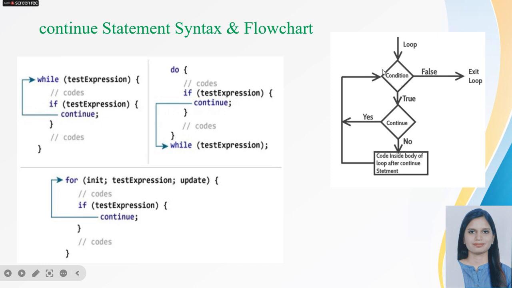In the loop, if the condition is true, then continue, skipping the code inside the body of the loop after the continue statement. And if the condition is false, then exit the loop.